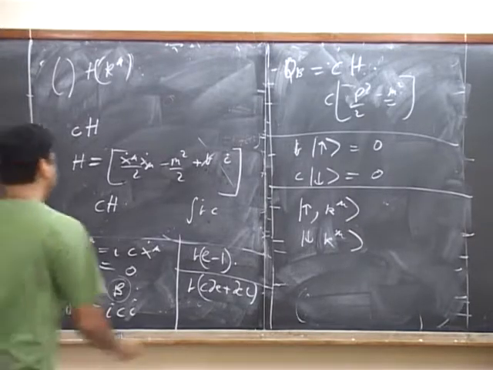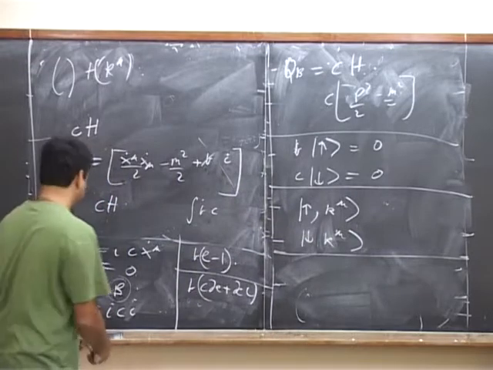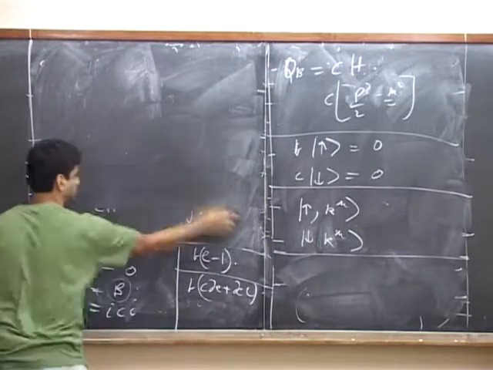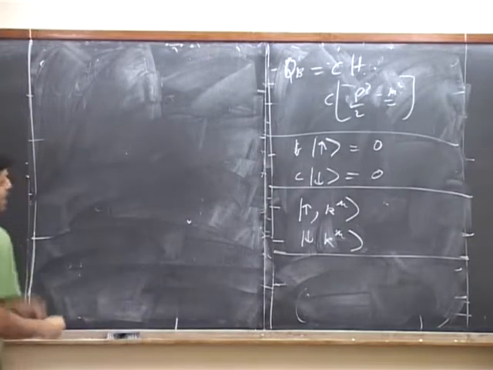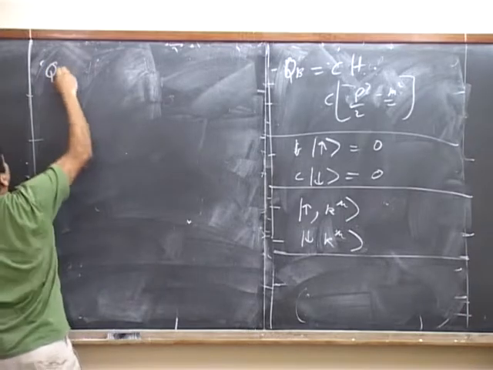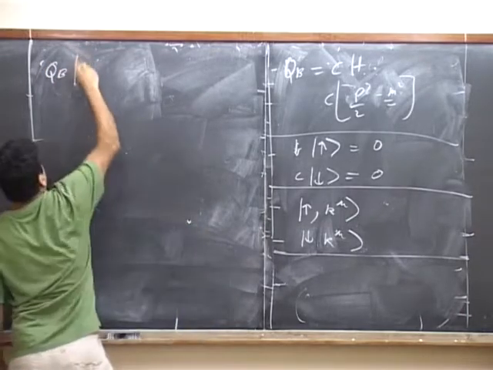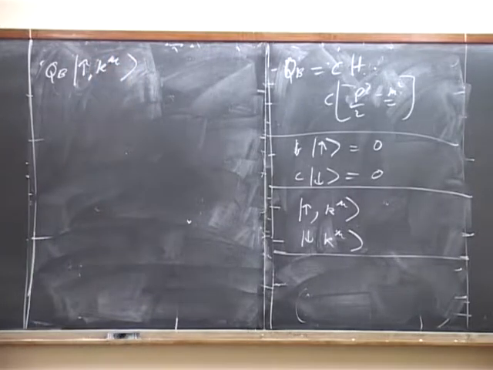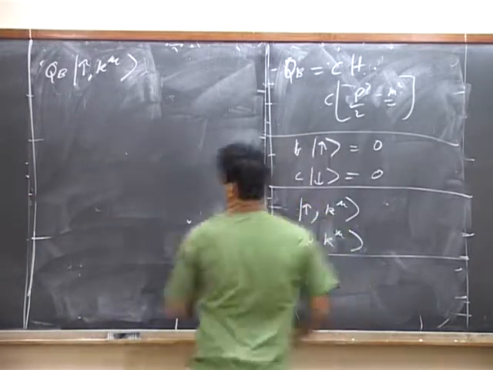Okay, so now what I'm going to do is look at the action of this BRST charge on this basis. So we look at Q_B acting on, let's start with, up K. Now Q_B has an explicit factor of C in it. C on up gives you down.